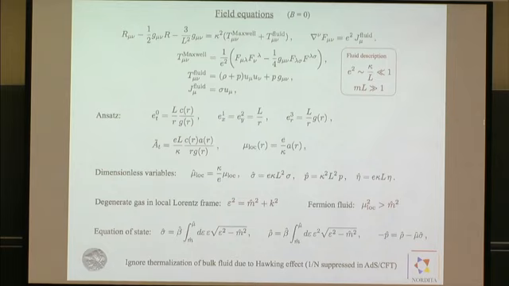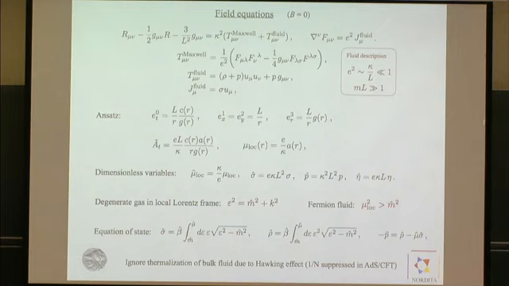So the equations are standard. You have the Einstein equation, you have the Maxwell equation, and then you have the energy momentum tensor due to the Maxwell field. You have, by assumption, just the standard fluid description, but it's now a charged fluid, so it acts as a source for the Maxwell field as well.